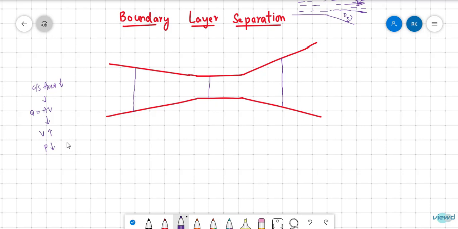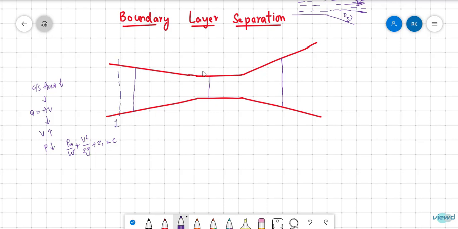This is because P by W plus V square by 2G plus Z1 is equal to constant. So as the velocity increases, pressure should decrease to maintain the total energy constant. That's why pressure decreases.